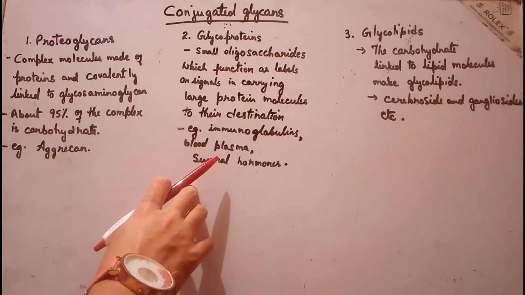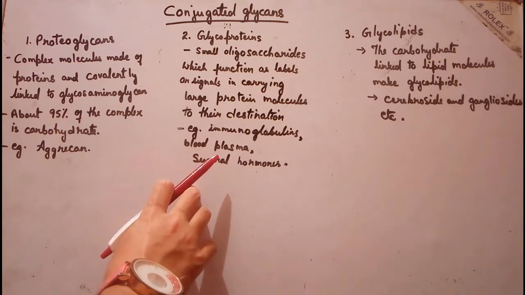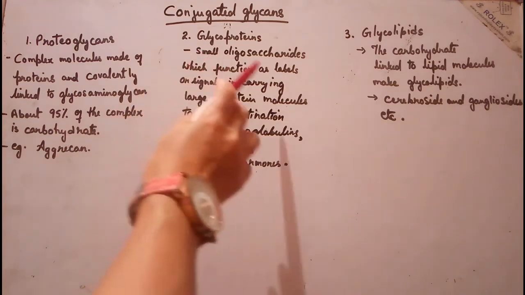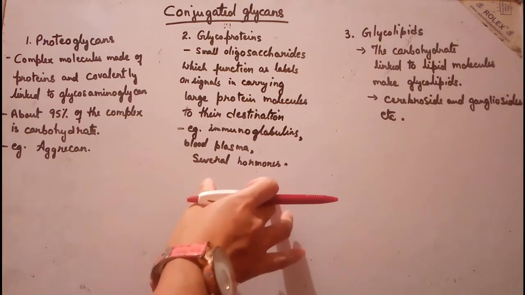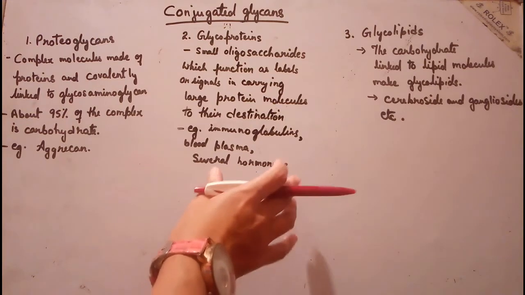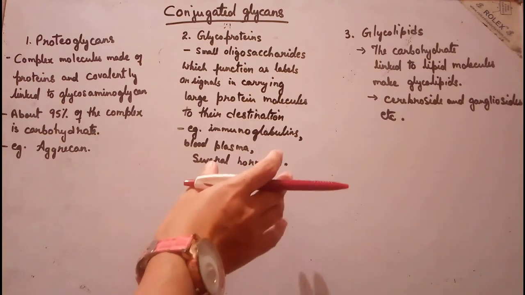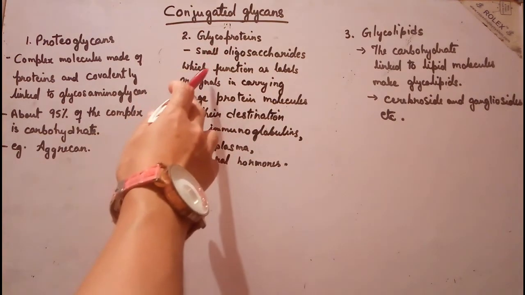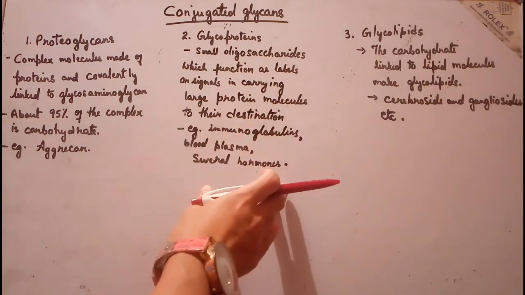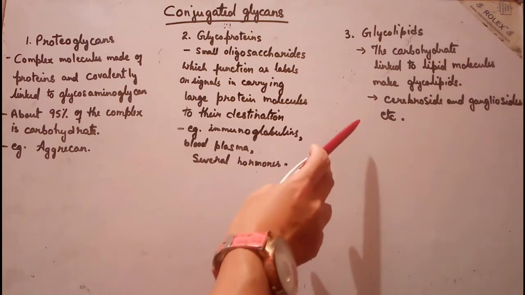And the next group of conjugated glycans are glycoproteins. These are small oligosaccharides which function as labels or signals in carrying large protein or large lipid molecules to their destination, thus making a glycoprotein when used to mark a protein, and glycolipids when used to mark a lipid.